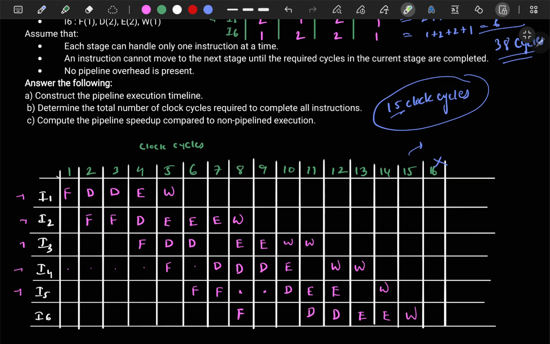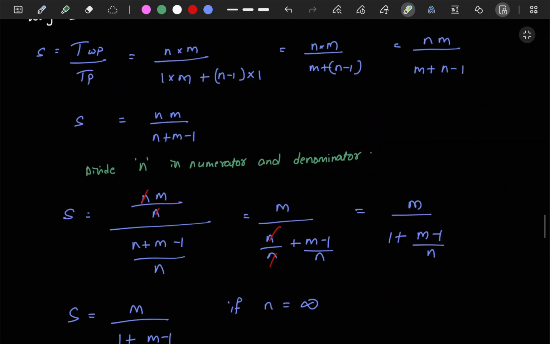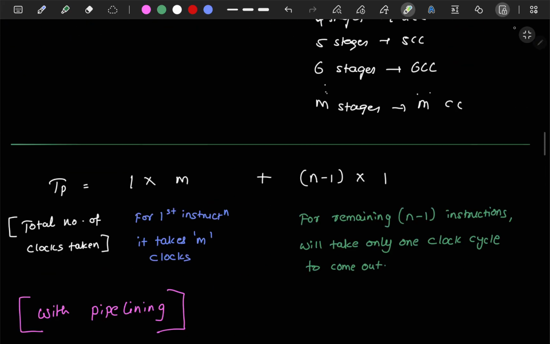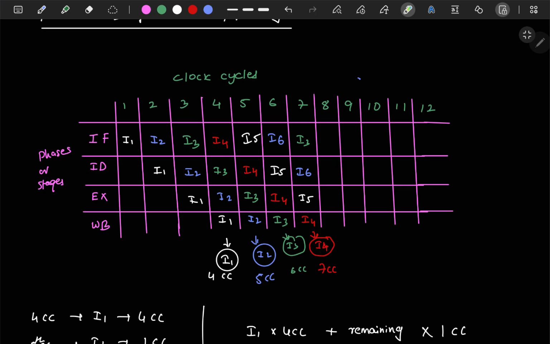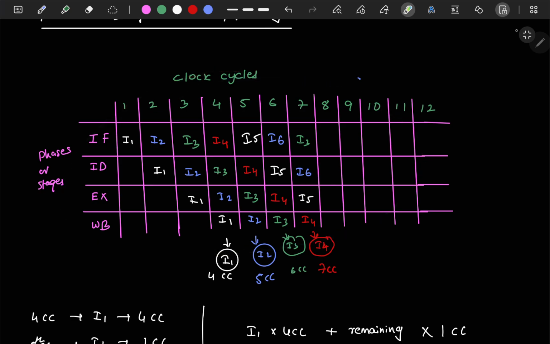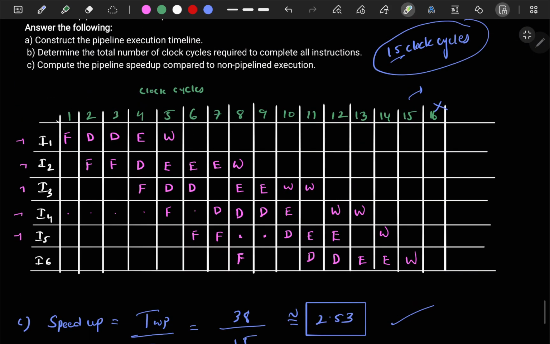Whenever I am talking about efficiency and performance, use the phase time diagram which we saw already. Whenever I am talking about clock cycles, use this particular timeline diagram. So that is the difference. Hope you understood. Fine.